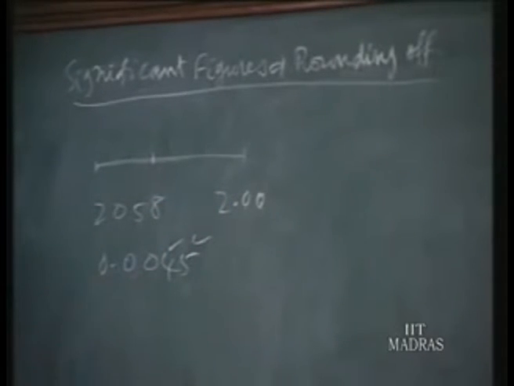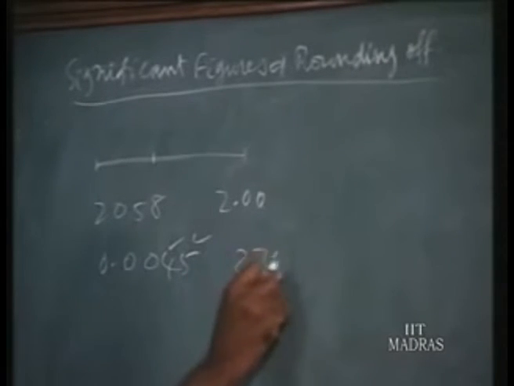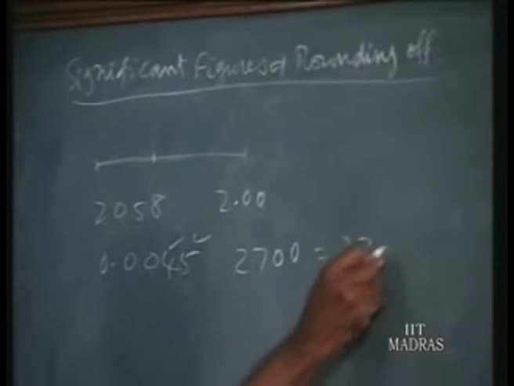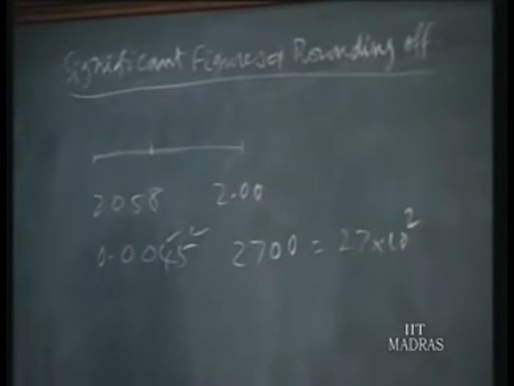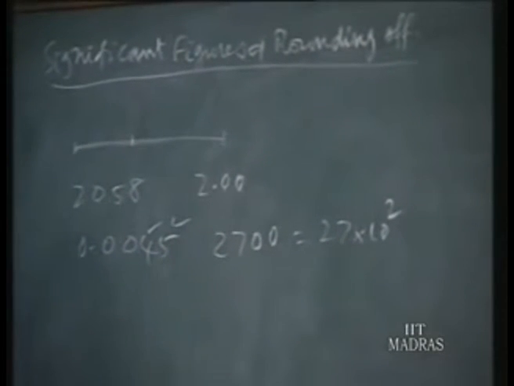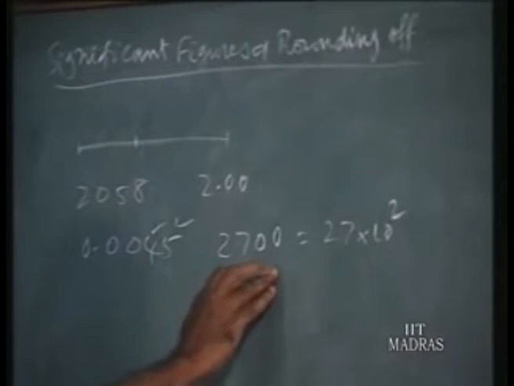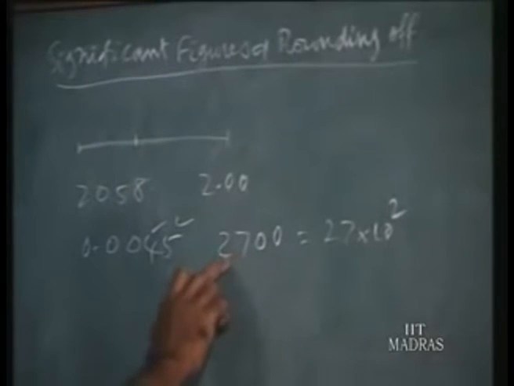In this place 0 is not significant, and in another place, suppose 2700. If we write 27 into 10 to the power of 2, then in this number we are interested only in how many hundreds there are. That means only 27 is important, the 0, 0 are not important.